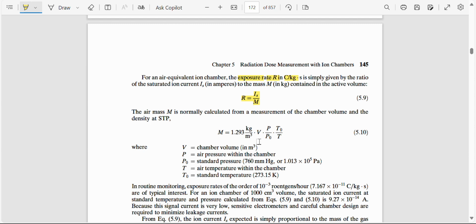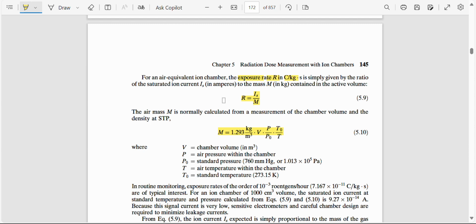You know that standard pressure is 760 millimeter Hg, or 1.013 times 10 to the power 5 pascals. T is the air temperature within the chamber, and T naught is the standard temperature, which is 273.15 kelvins. So this is the formula of M.